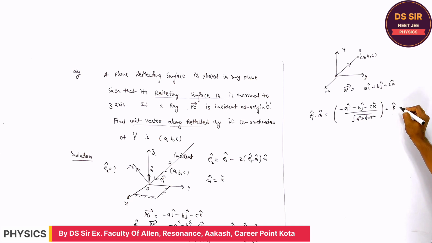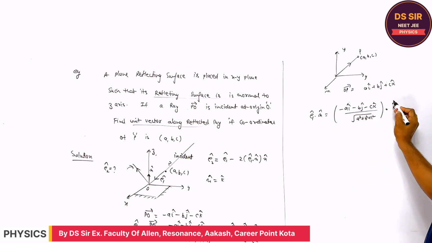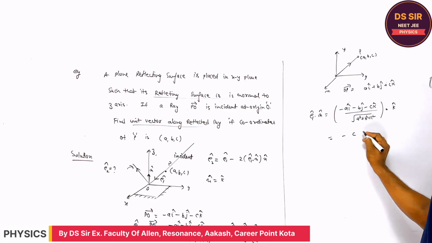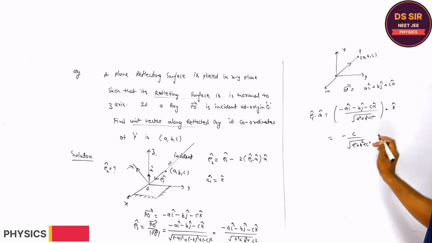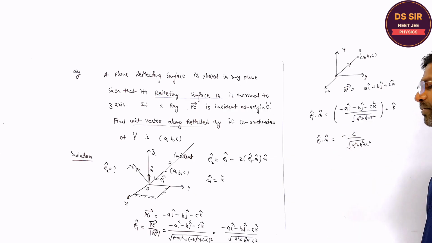What is the n cap? k cap. So what is this dot product? i dot k, j dot k is equal to 0. Only k dot k is 1, so minus c upon root over a square plus b square plus c square. So this is the value of e1 dot n cap.